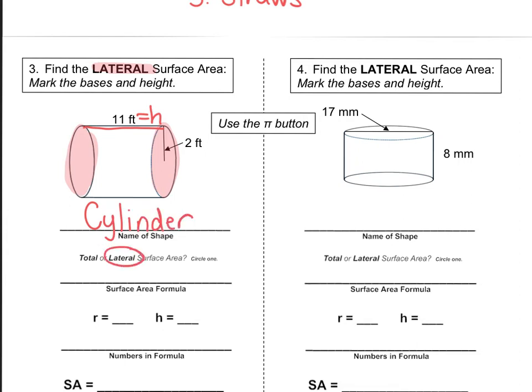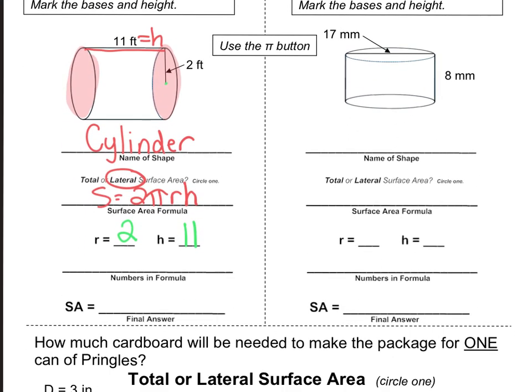And then lateral. So my lateral formula is just 2 pi RH, but I still have to know what the R and the H are. They did give me just the radius in the picture, so I'm going to write 2. And we already labeled that our height was 11.